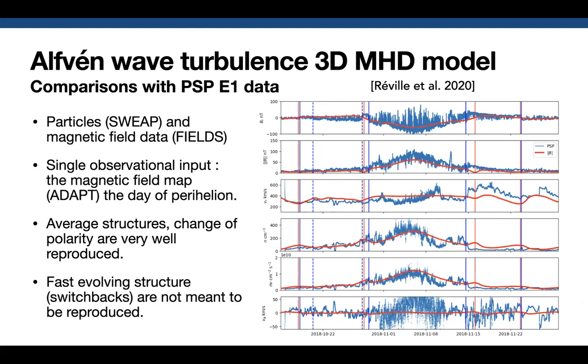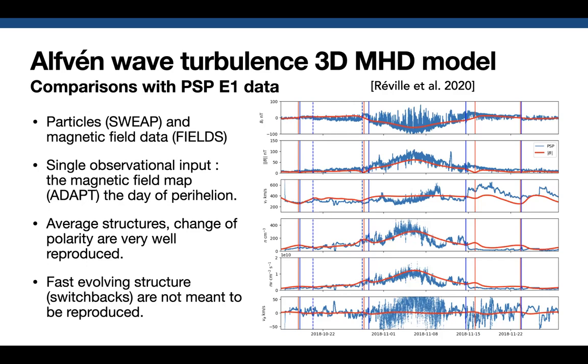Okay, so in red now, what I'm showing is the results of the model. What is interesting is that we only used one single map, and this is a 40 to 45 day interval. So actually, we got lucky because the Sun was very quiet at this time. It's not something that is easy to do anymore.